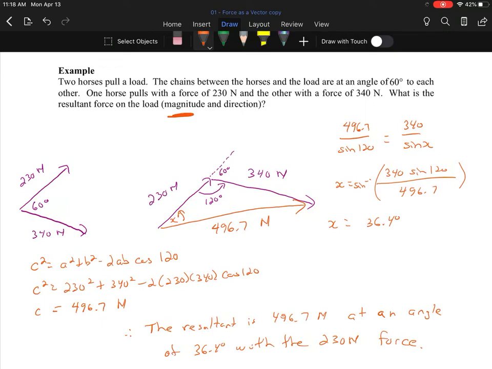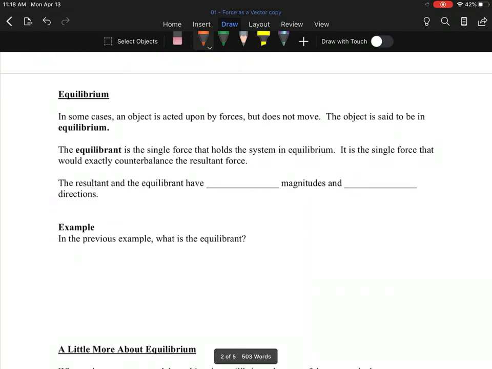Now, we're going to talk a lot about what reference we should use for our angles. In this particular question, there weren't too many references to use because it didn't say whether these things were going north, south, east, west. The only thing we can reference is the original forces they gave us. The way I set up the diagram, it was easier to reference it off the 230 Newton force. I could have set up the diagram slightly differently and found the angle off the 340 Newton force. So that's sort of up to you.